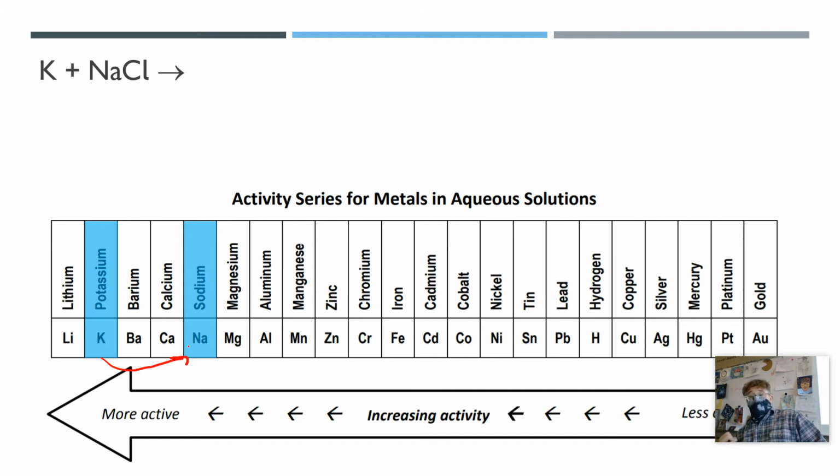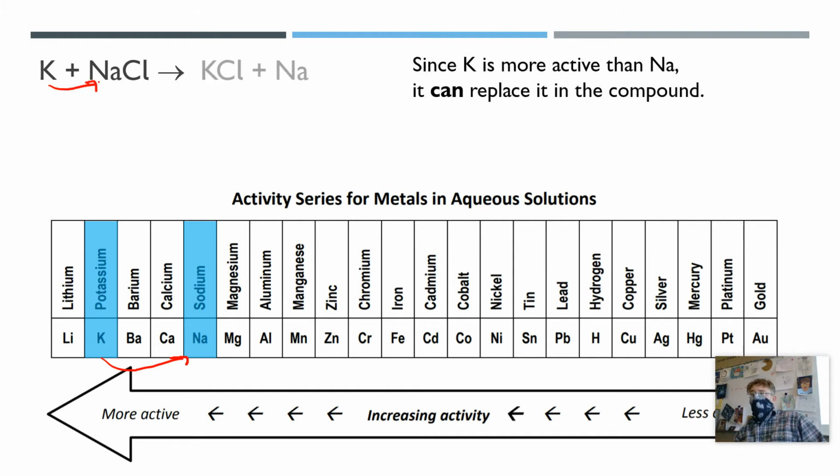And the answer is yes, because it's to the left of sodium in the pecking order, it's stronger. So potassium is going to kick out sodium. It takes its place, and then sodium is now the loner. So it's just this kicking out, and now we have another loner that's different. But this doesn't always happen.